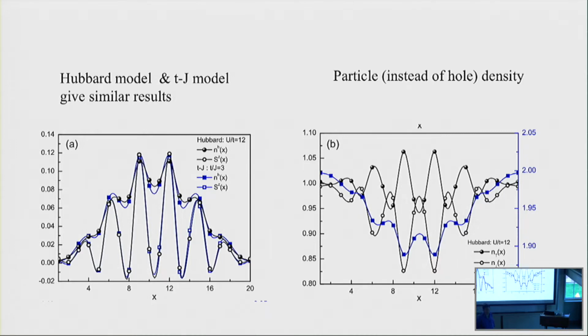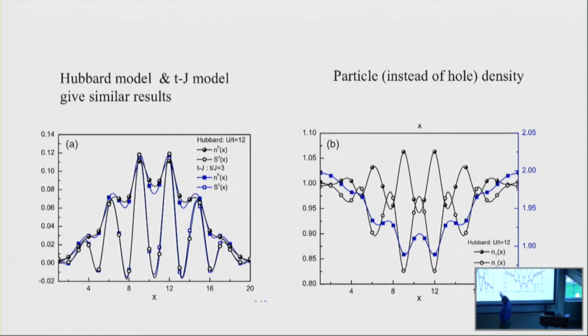Although it can be generalized to the hybrid model, the TJ model is conceptually simpler. We don't have to do that, but this picture is just to show that the two models are essentially the same. They have the same qualitative features. Here's the hybrid model, the black curve, and then the blue ones are the TJ.